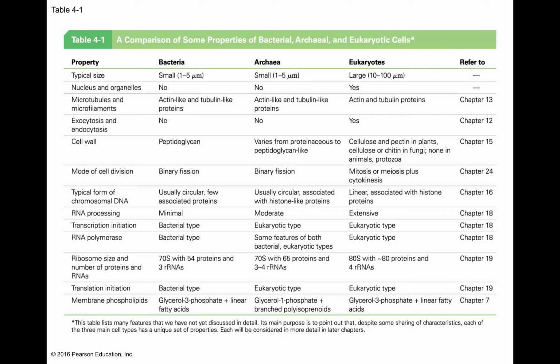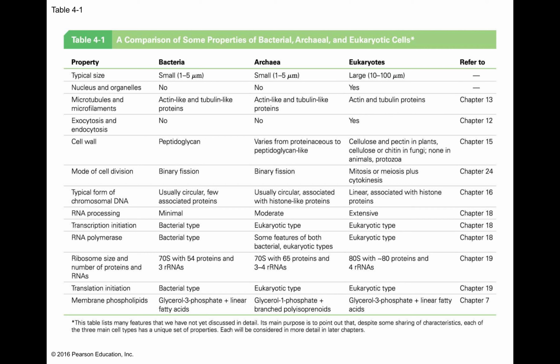It is quite a bit different in bacteria versus eukaryotes, and in archaeans, it's someplace in between. The size and shape and protein content of the ribosomes is different in the three taxa, the three domains. Starting translation, turning an mRNA transcript into protein, is distinctly different in bacteria, but in archaeans and eukaryotes it's similar. And the membrane phospholipid composition is different among the three taxa.